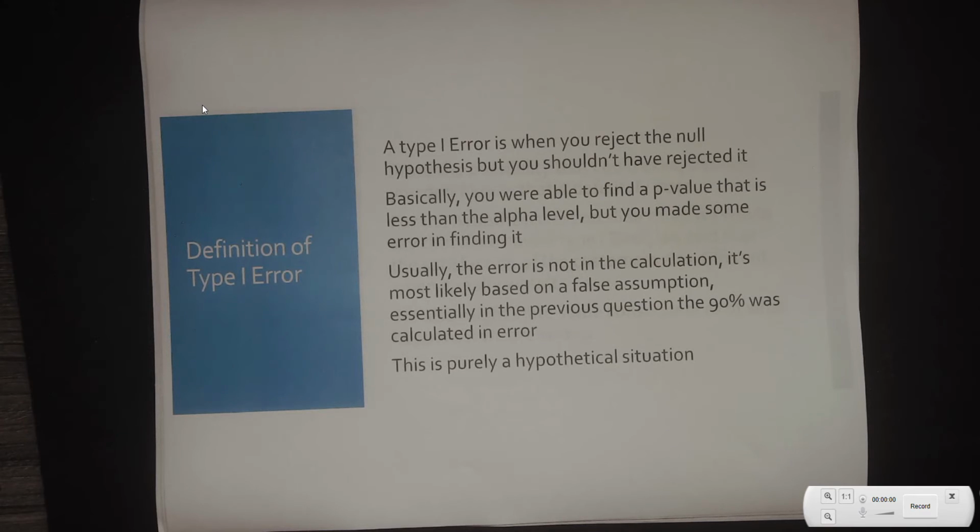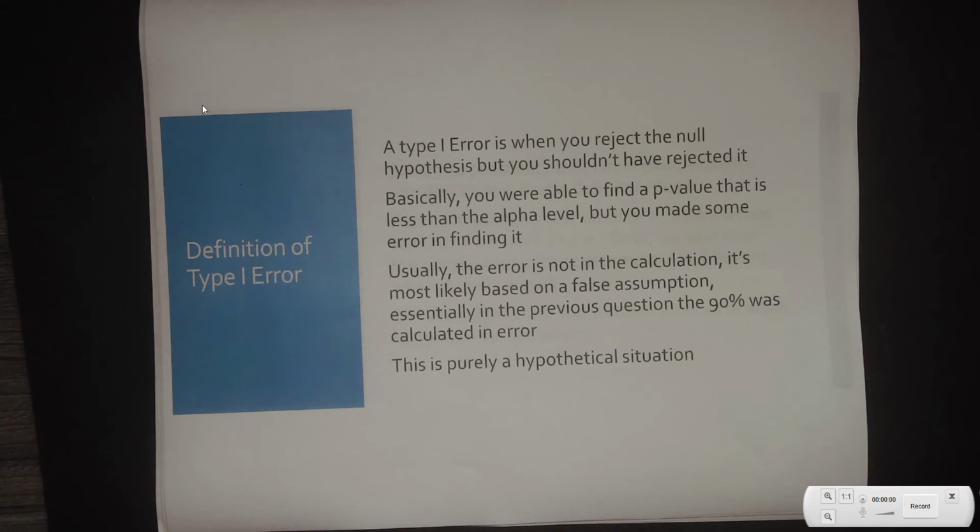So, you're basically saying you're able to find a p-value that is less than the alpha level, but you made some error in finding it. Now, usually the error is not in the calculations that you did in the actual test itself, but sometimes it could be based off a false assumption. There could have been some data collection errors. But this is a purely hypothetical situation. You usually don't know if you have an error until you actually see that you have an error.